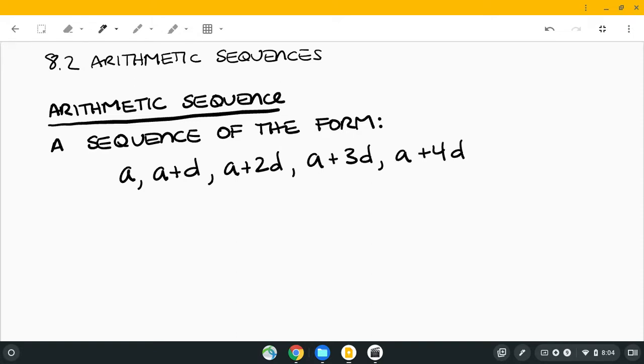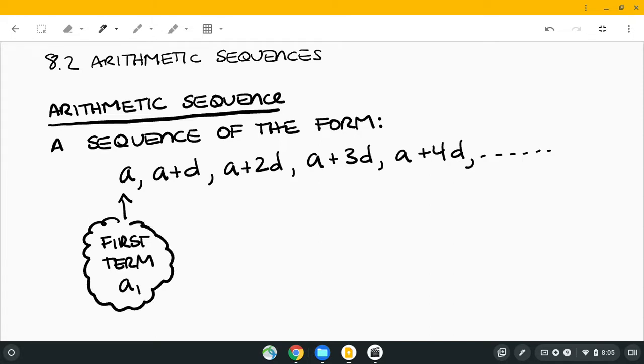You keep adding D, okay? And so here, of course, is your first term. This is your A1.